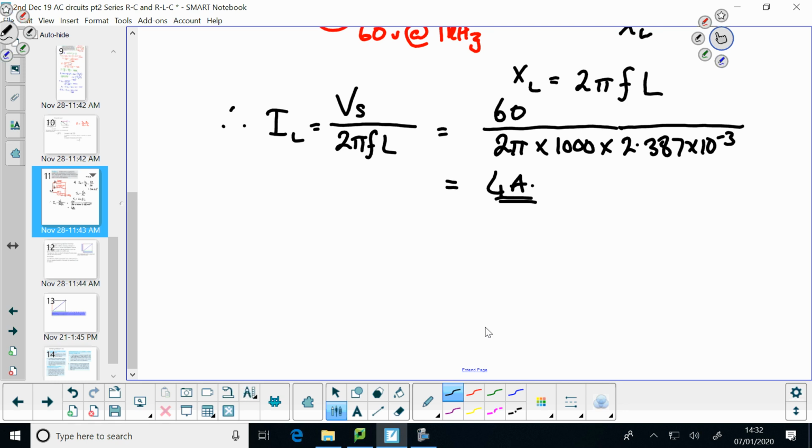Okay, so if we were to draw a phasor diagram of the currents, we've got IR, 3 amps, and IL, 4 amps.